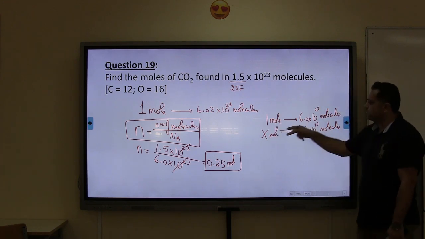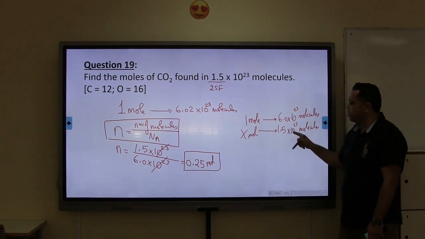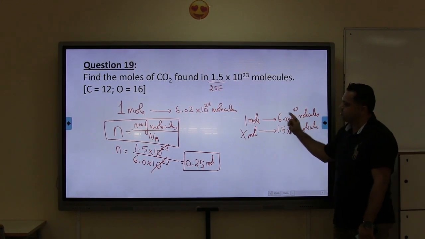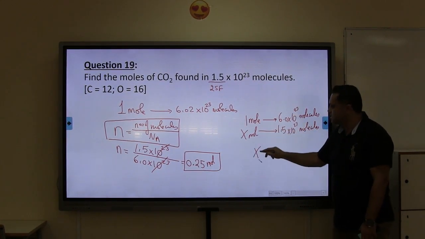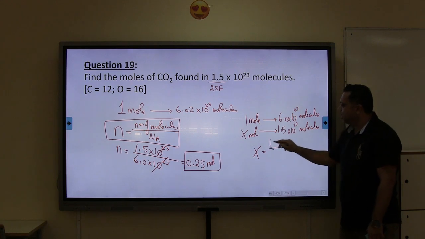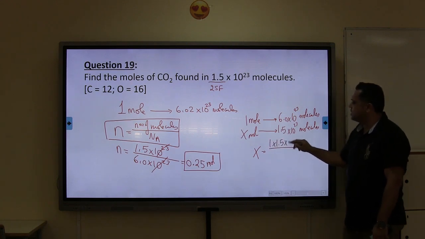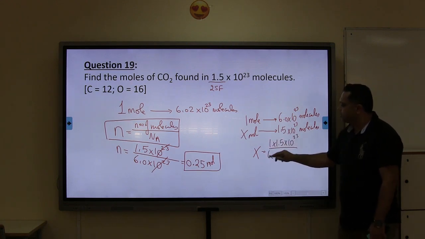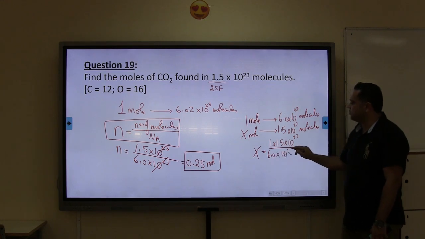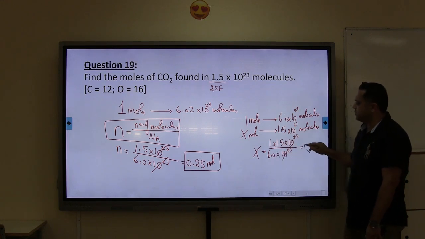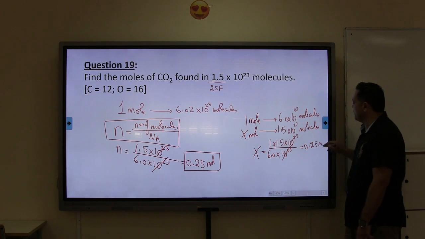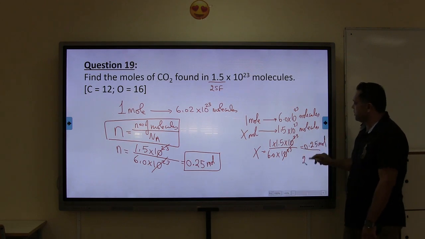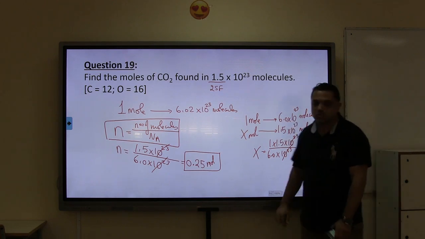Simple cross multiplication. 1 times 1.5 is equal to 6.0 times x. So x is equal to 1 times 1.5 times 10 to the power 23 over 6.0 times 10 to the power 23, which will be the same thing, 0.25 moles, going to two significant figures as the given is two significant figures.